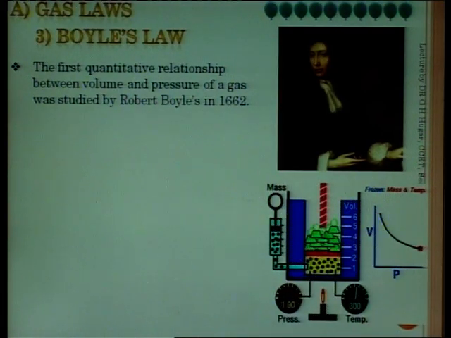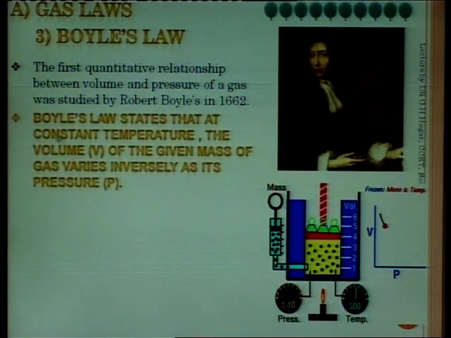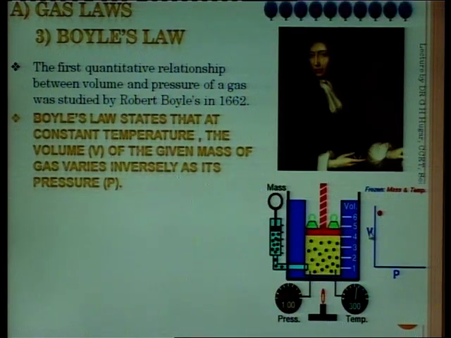When you see this graphic, the pressure is varied for a given mass of gas. The mass of the gas taken in this cylinder is fixed and the pressure is increased or decreased here. However, temperature remains constant. The variation of pressure and volume at constant temperature can be put in the form of a law, and this is what Boyle did.